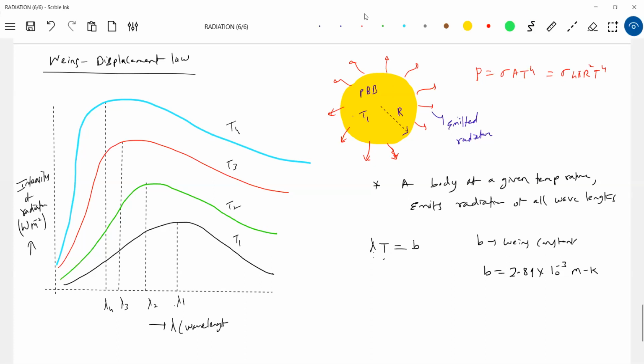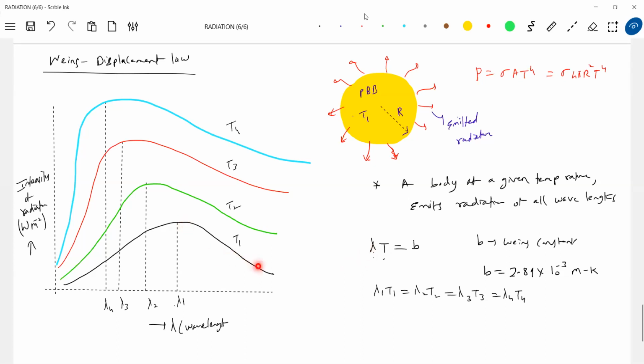The relation between this lambda 1 and T1 is what it gives. So here we can write it, and so on. So what should we call this wavelength? The wavelength at which the intensity of radiation will be maximum.